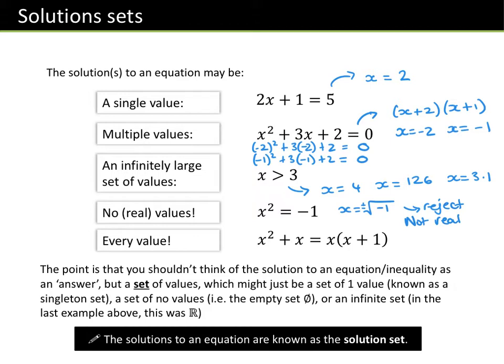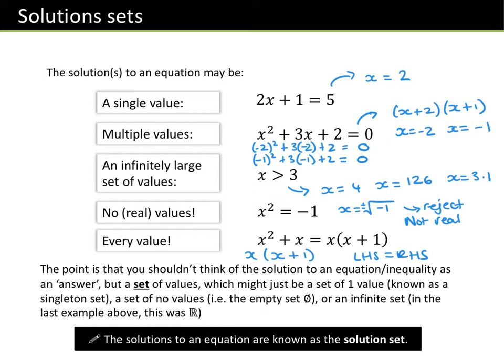And then for this one, x squared plus x, if I was to factorise that, I am going to get x plus 1. It's the same on both sides. It doesn't matter what value I put in, does it? Every single value, because the left-hand side equals the right-hand side, whatever I choose will always be the right-hand side. It's the same thing.